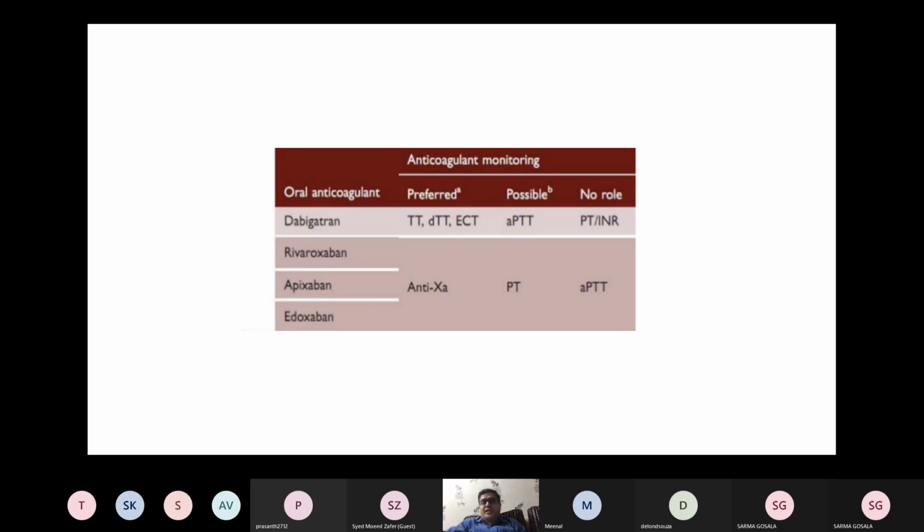Whereas for the other three NOACs, rivaroxaban, apixaban, and edoxaban, we need to look at anti-factor Xa activity, which again is not easily available. So there are few labs which do this test. There's no role of PT/INR in patients who are on dabigatran, whereas in patients on the other NOACs, PT/INR can be a test to compare.